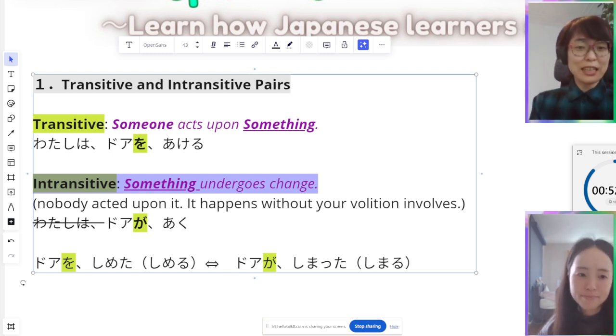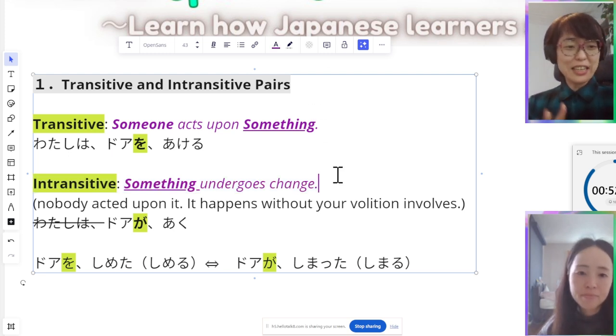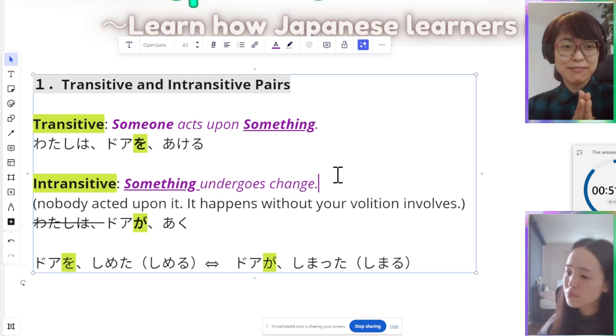But today's intransitive and transitive are about the pairs that exist in the Japanese language.